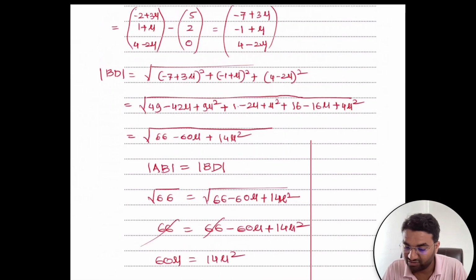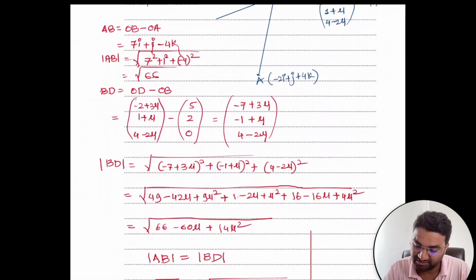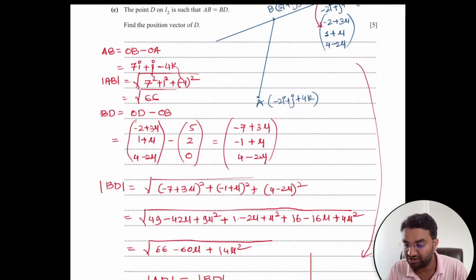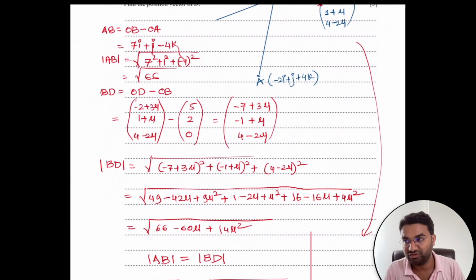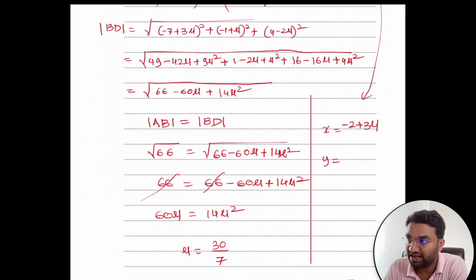Now we have the parametric form, and the mu value is there, right? So again in this position vector part, you have to substitute the value of mu to find out the position vector of D. This is not done yet. So x component is negative 2 plus 3 mu, y is 1 plus mu, and z is 4 minus 2 mu.